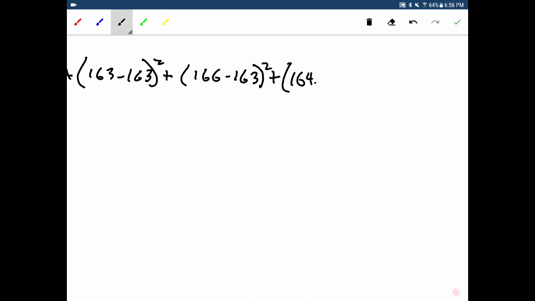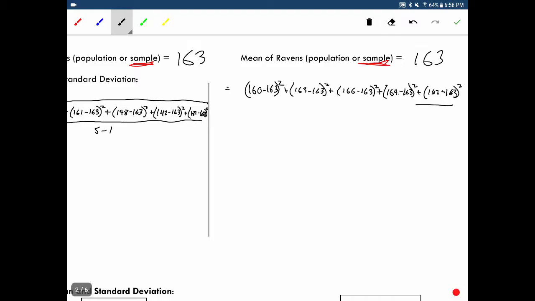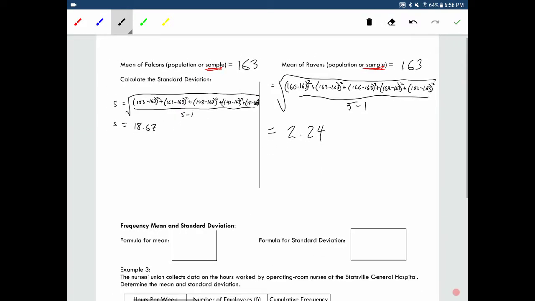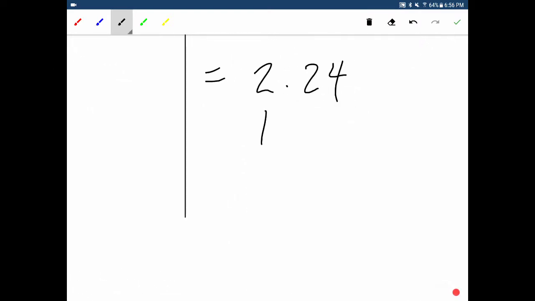That's supposed to be a minus 163 squared plus 162 minus 163 squared. Once again, we divide the whole thing by 5 minus 1 this time, and I square root it. And what I'm going to end up with is 2.24.